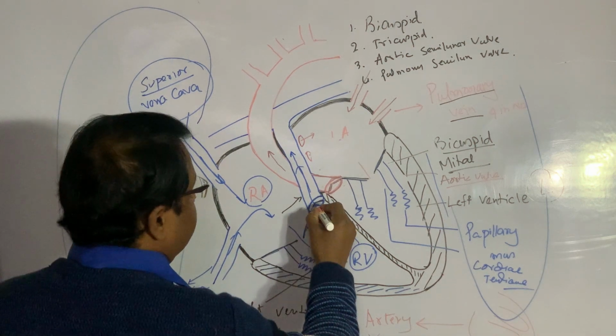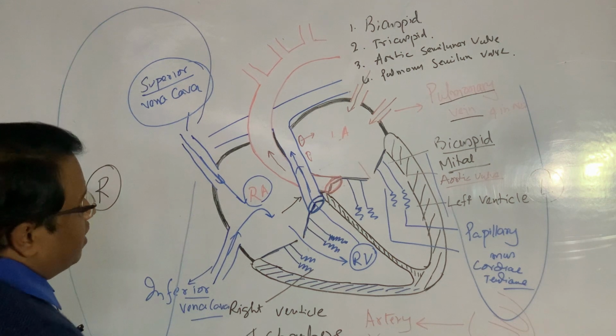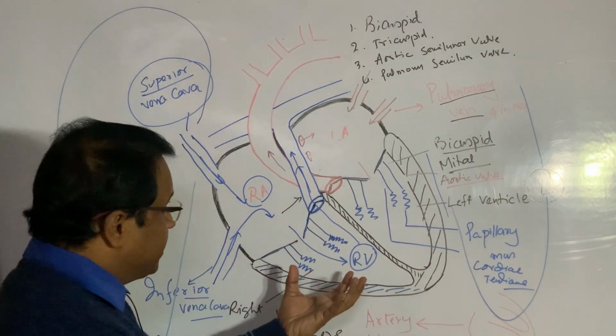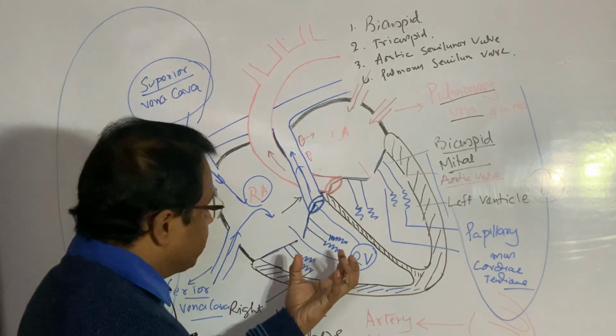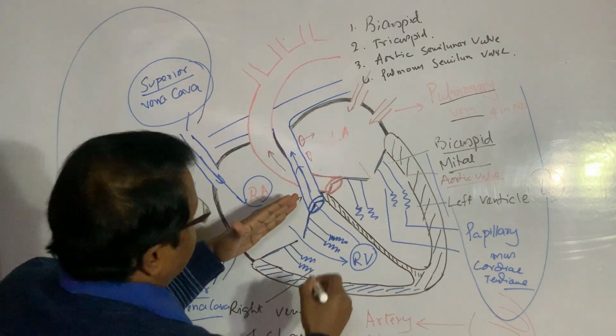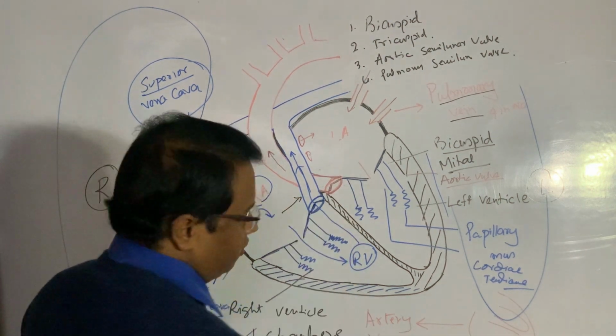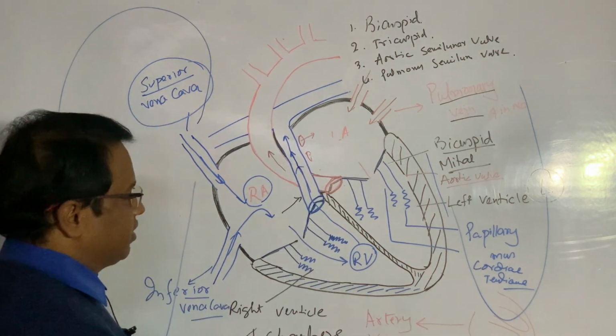Here you can see there is one valve. After the beginning of ventricular contraction, the tricuspid valve closes and the semilunar valve opens, and blood is ejected through the pulmonary artery.